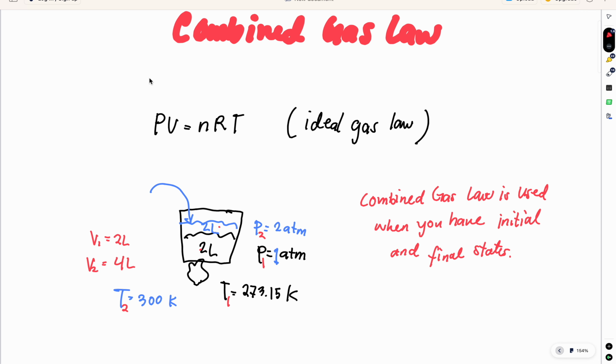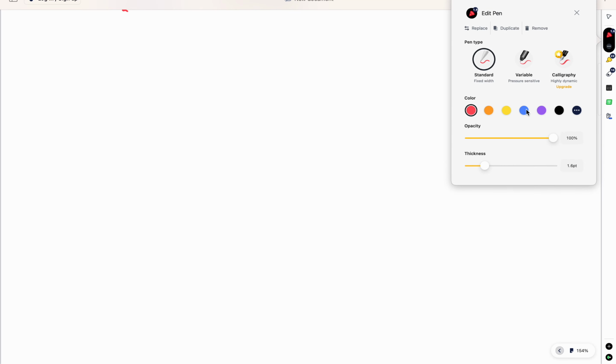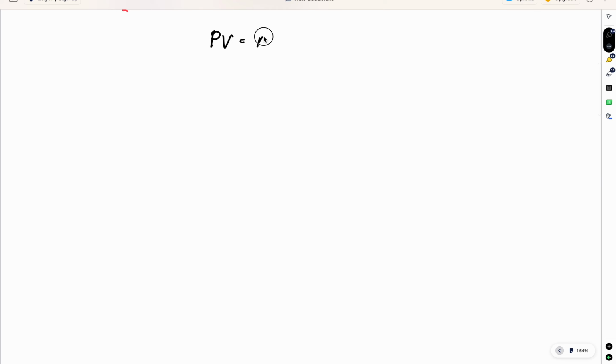So if PV equals nRT is the ideal gas law, what is the equation for the combined gas law? To derive the formula, let's write here again: PV equals nRT, the ideal gas equation.